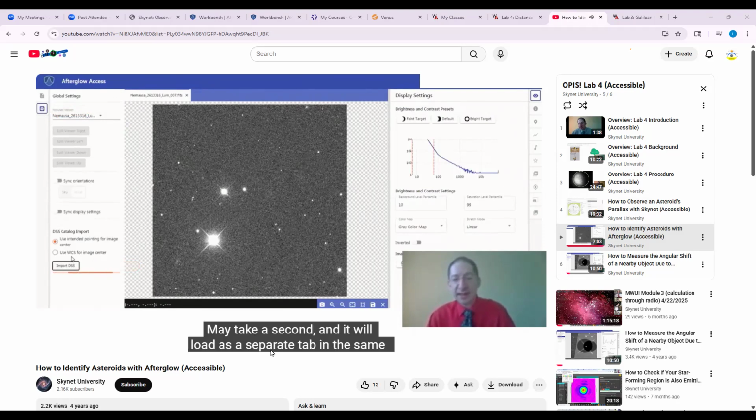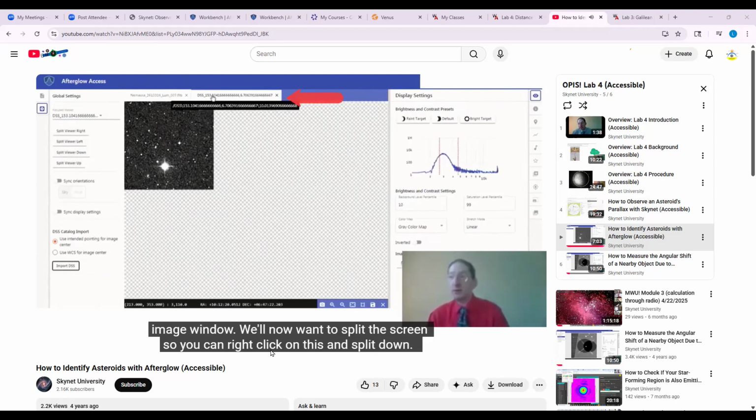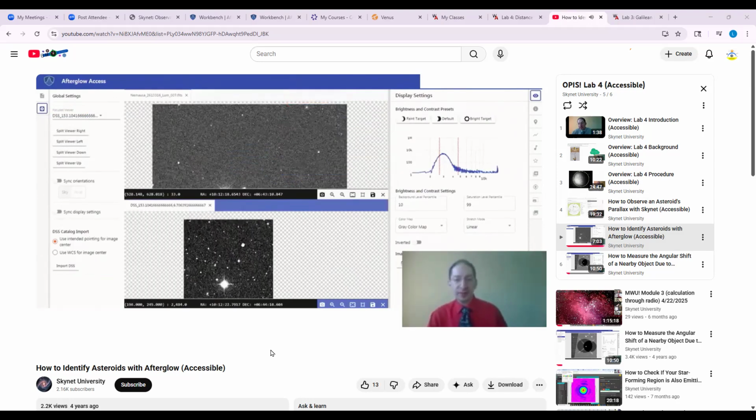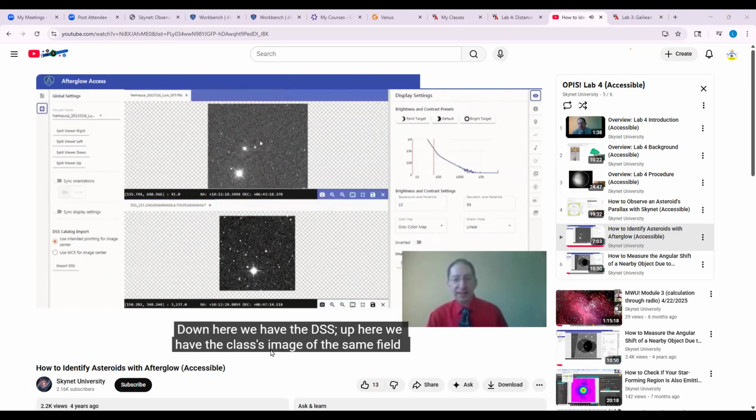It may take a second, and it will load as a separate tab in the same image window. We'll now want to split the screen. You can right-click on this and split down. Down here we have the DSS. Up here we have the class's image of the same field.